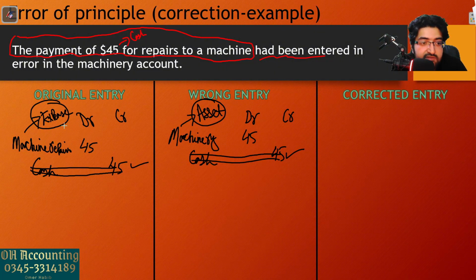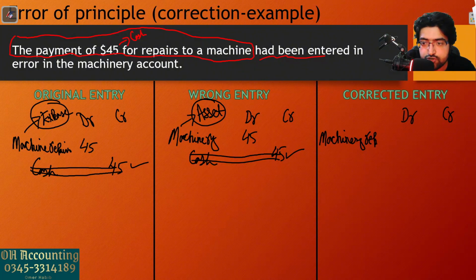Now, we were supposed to debit machinery repairs by 45. Did we? No, we did not. So in the corrected entry, first of all, I'm going to debit machinery repairs by 45.